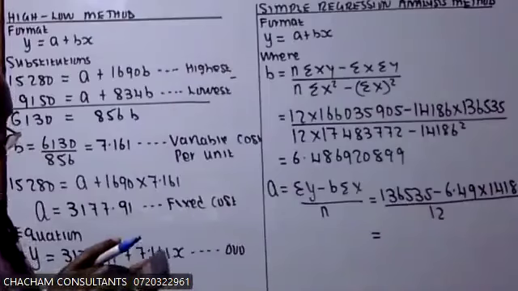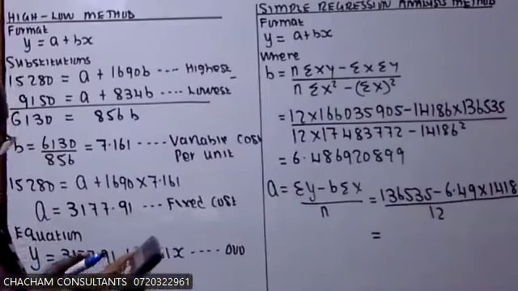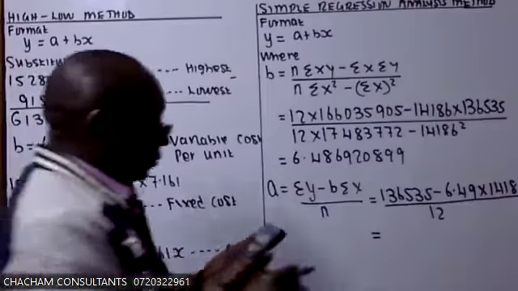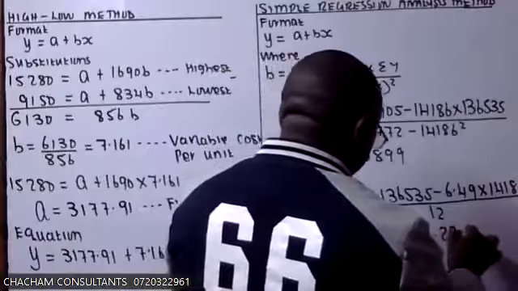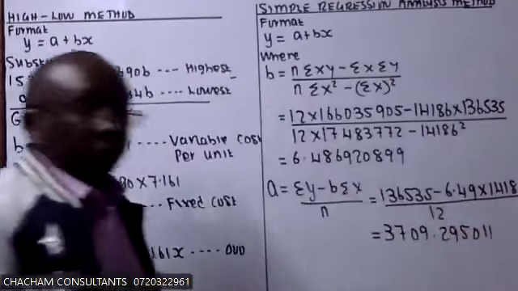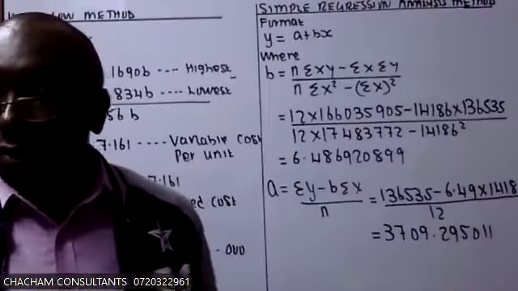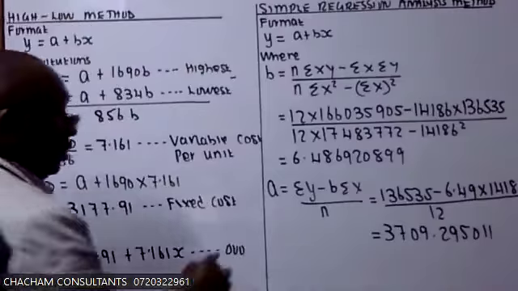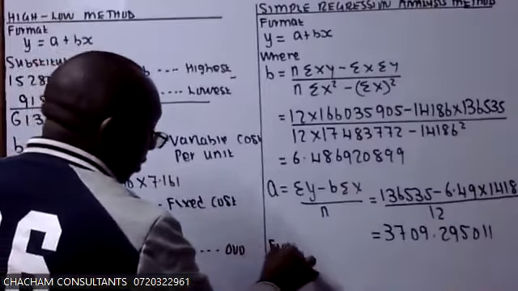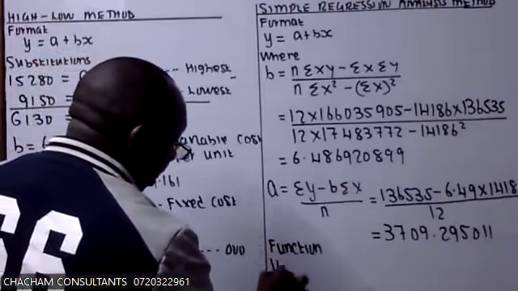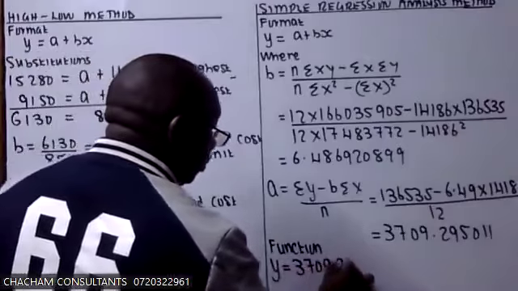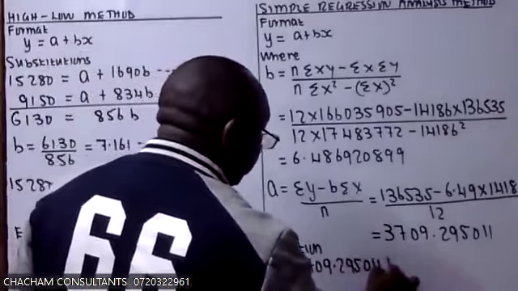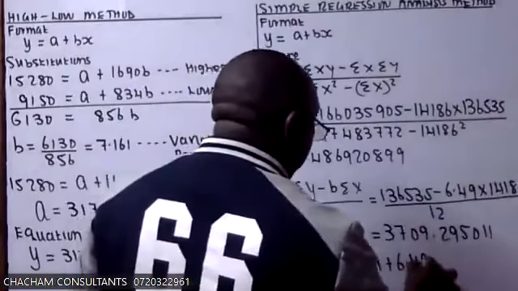The answer is 3,709.295011. So here's your function. The function y = 3709.295011 + 6.49x.